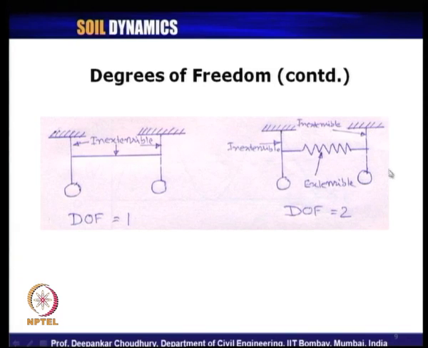Also, we need to know this theta, because this theta 1 and this theta 2 will not necessarily be the same, because in between there is an extensible spring, because of which either this spring will expand or compress. So, that means this theta 1 and theta 2 will be different, or these are the two independent coordinates we require to define the system at any point of time, and that is why the degrees of freedom for this problem is 2.